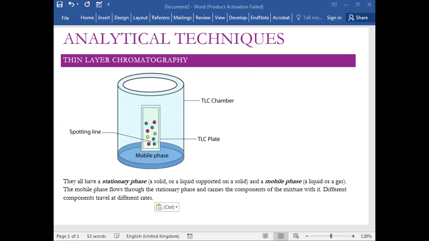Specifically in thin layer chromatography, what is the solid or stationary phase? Aluminum oxide, right? Write it specifically. Aluminum oxide on a solid support is our stationary phase.